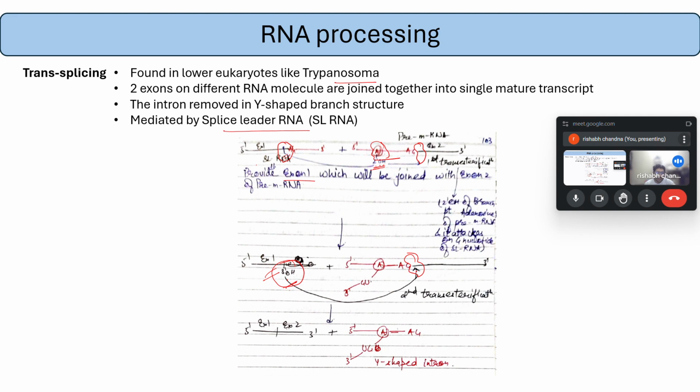So this leads to the joining of the two exon chains and leaves a Y-shaped intron behind. There are various proteins involved during the trans-splicing process, but that is too deep information for this class. So this was the full process of how trans-splicing happens.